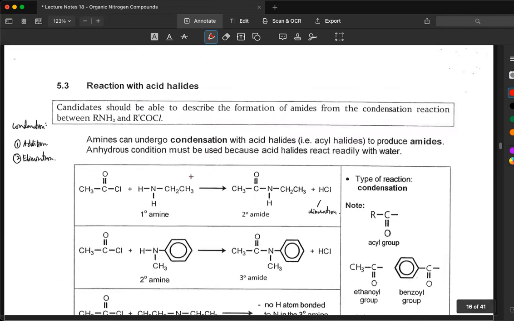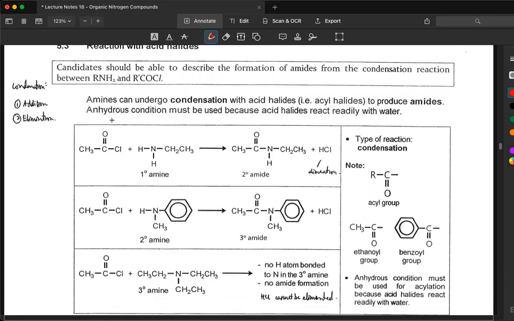Amines undergo condensation with acid halide or acyl halide to produce amide. Anhydrous condition is used because the acid halide can react readily with water. So you have the acid halide here with amine, and you will form the amide linkage. It's a condensation reaction because a small molecule like HCl is removed.